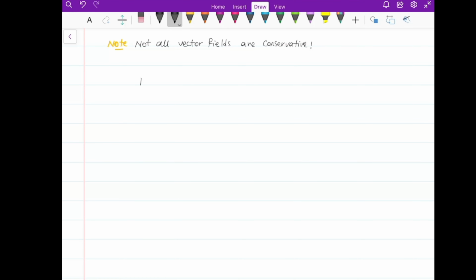Look at this vector field. F equals negative y i plus x j. So in the vector notation, it would be negative y and then x. Okay, I'm gonna take the integral of that over a closed unit circle.